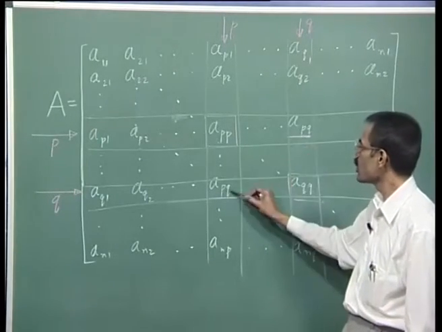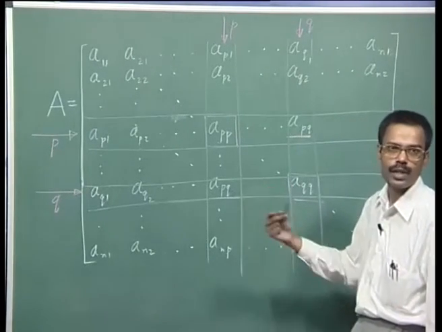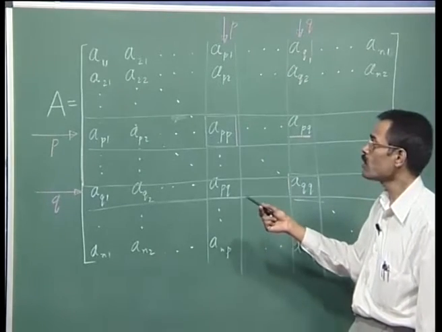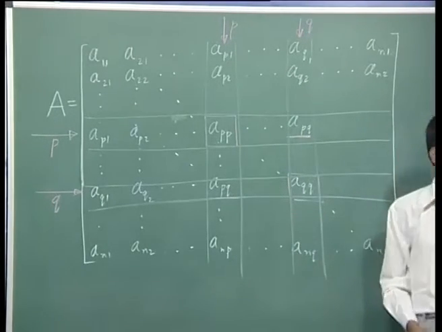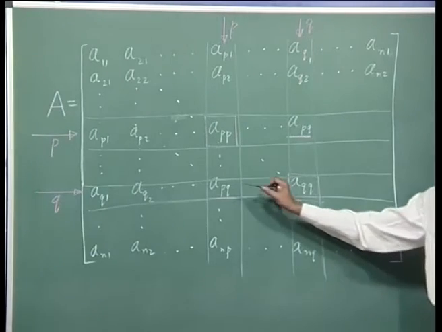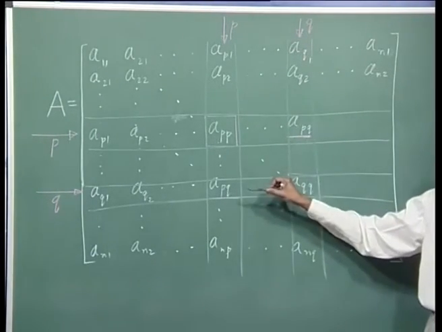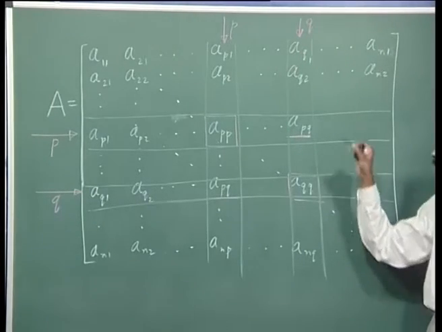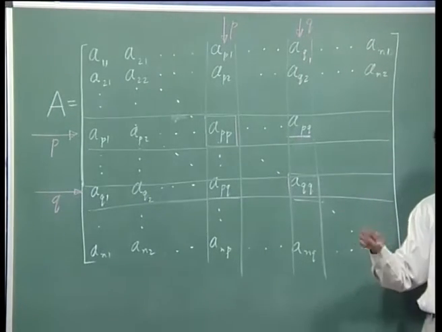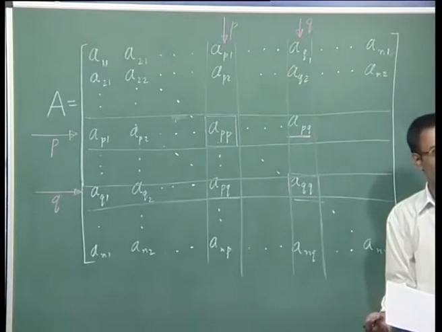This will certainly turn out to be 0, because that is the condition which we have used in order to find out the angle phi. Through that, we would have set these two values as 0, and other values in the 2 rows and 2 columns would have appropriately and consistently changed.